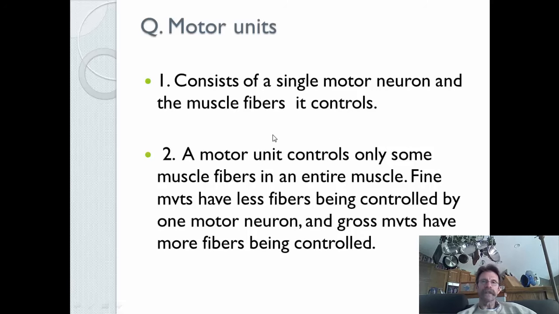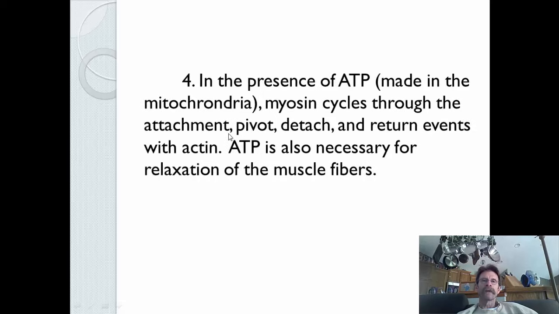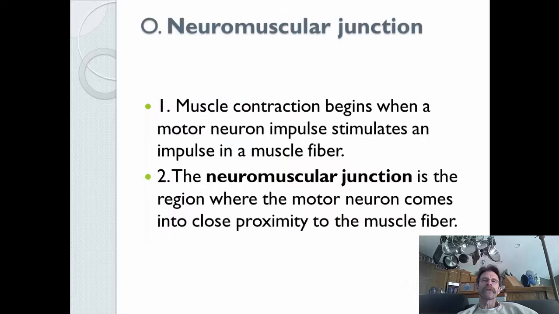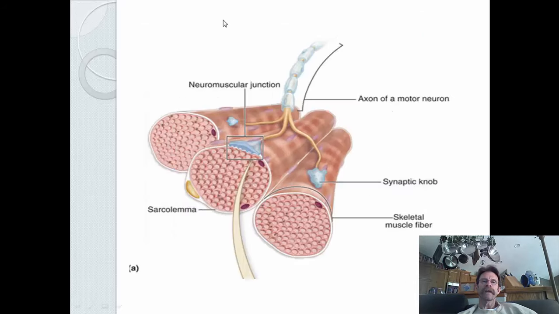In the example that we saw earlier, there were 3 fibers controlled by this one motor neuron. Sometimes there can be up to 100 muscle fibers controlled by one motor neuron.